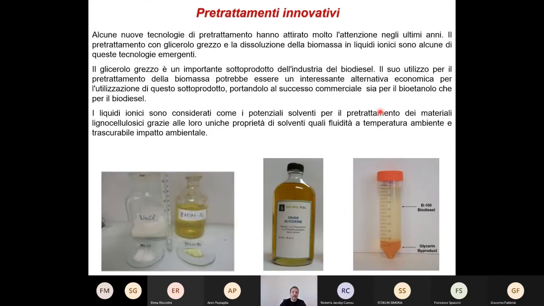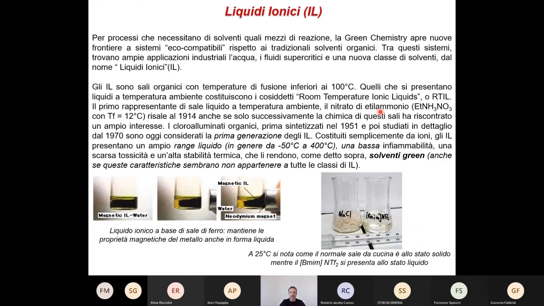Okay, there are also innovative pretreatments with ionic liquids or glycerol. So the research can move toward a lot of possibilities. You can see the ionic liquids. We don't have time, of course, to go into detail of this pretreatment system, but it's a possibility of green solvent.